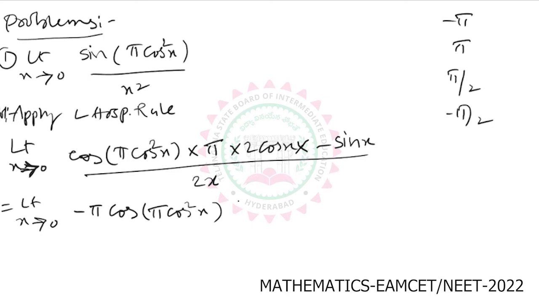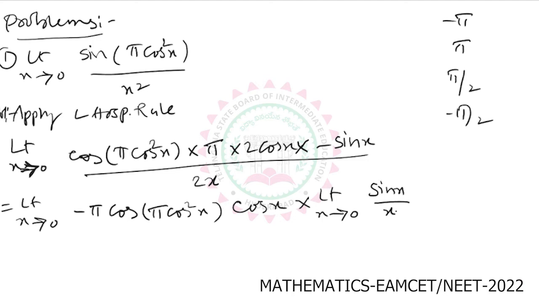This cos x will be there, and you see that the 2 from the numerator and the 2 from the denominator cancel each other. So here sin x is there. I am separating this and applying the limit x tending to 0, that is sin x by x.